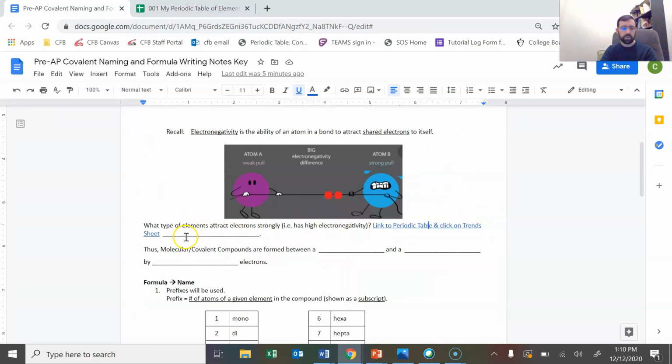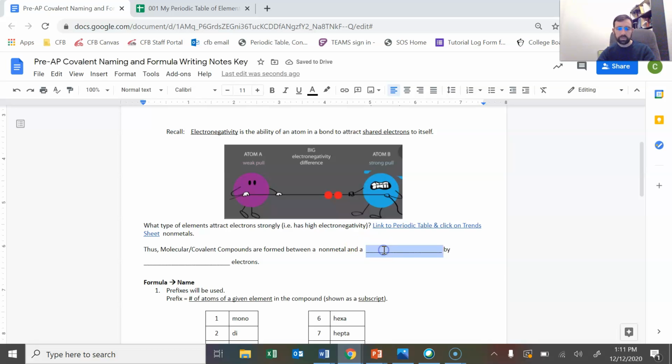So what type of elements have the highest electronegativity or most strongly attract electrons to themselves? That would be nonmetals.